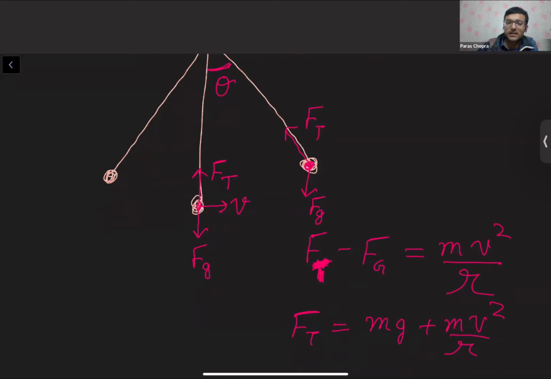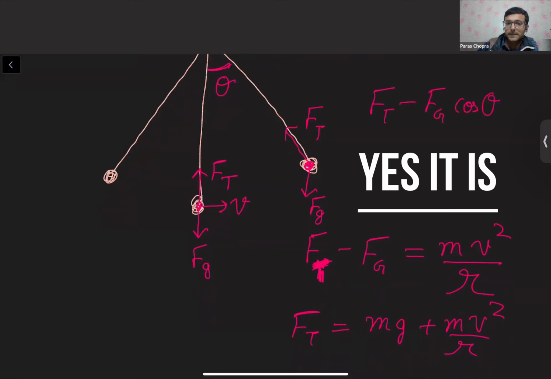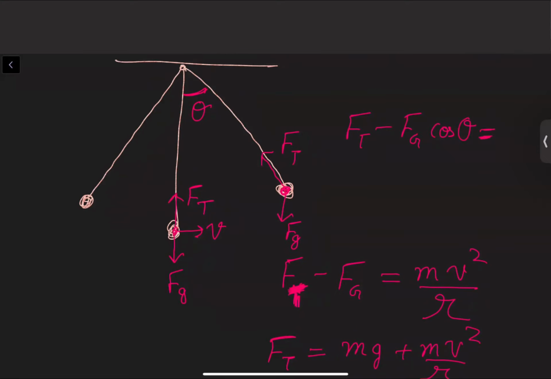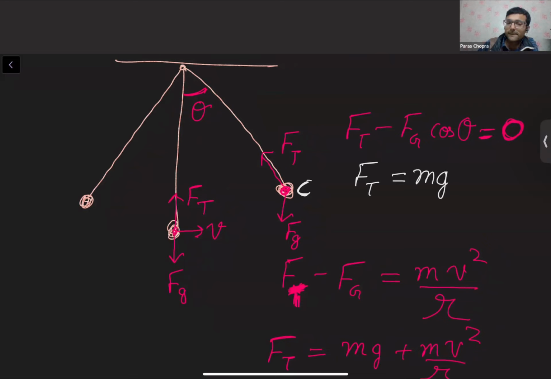Okay, so centripetal force will be Ft minus Fg cos theta, and will it be equal to 0? Okay, so at the extreme position velocity is 0, so here we can say this will be equal to 0. So at position C, the tension force will just be equal to mg cos theta.